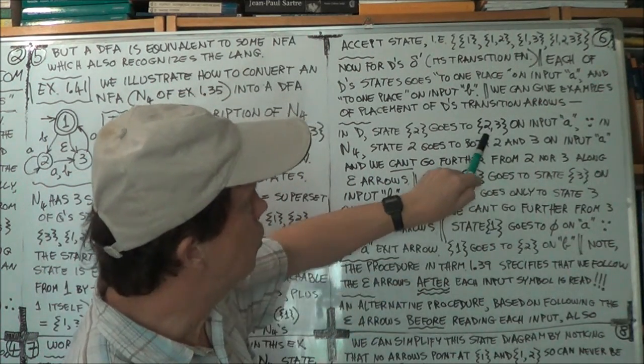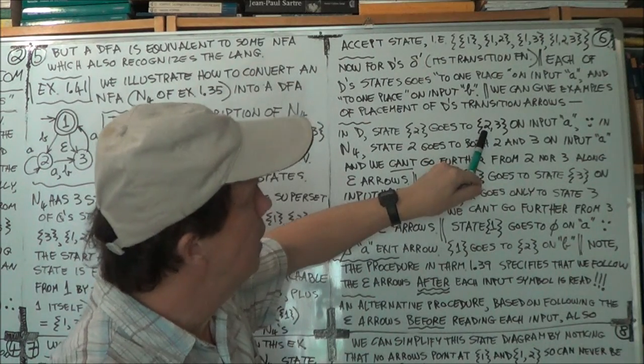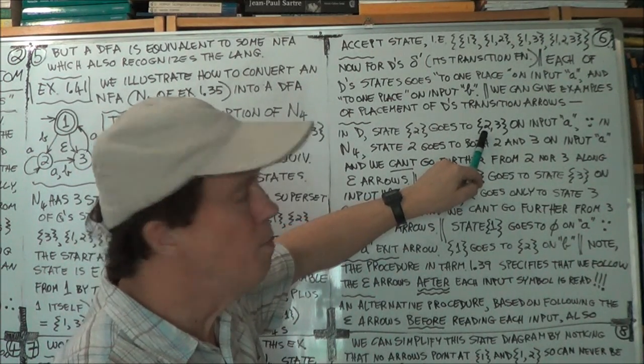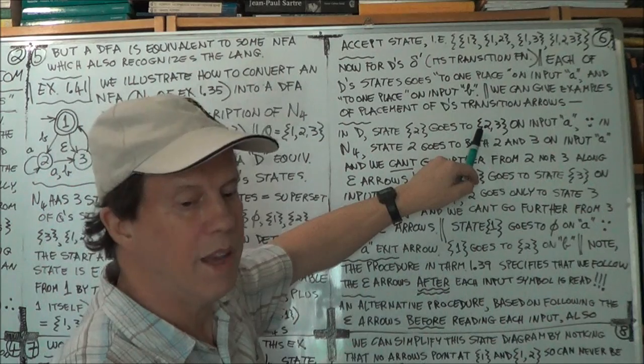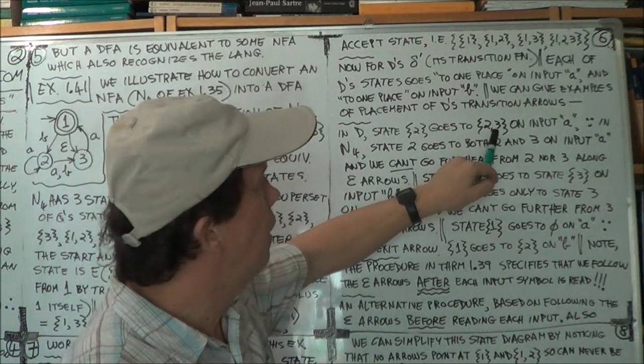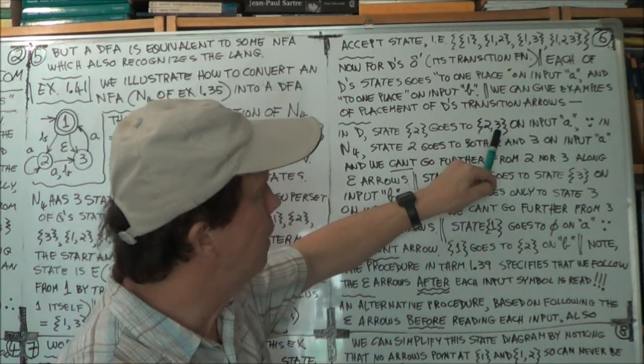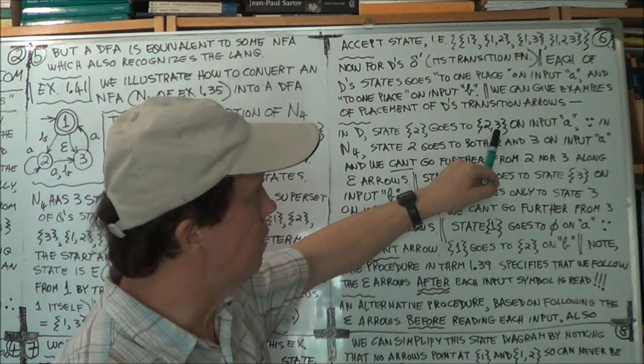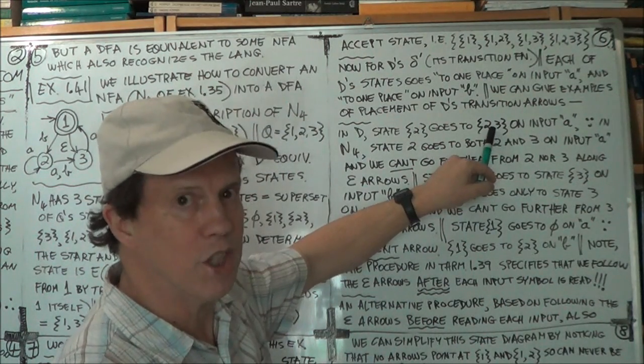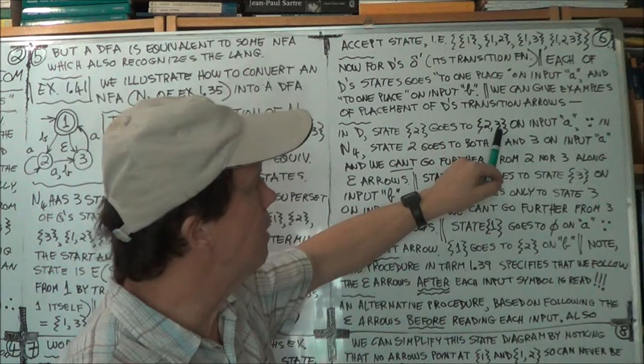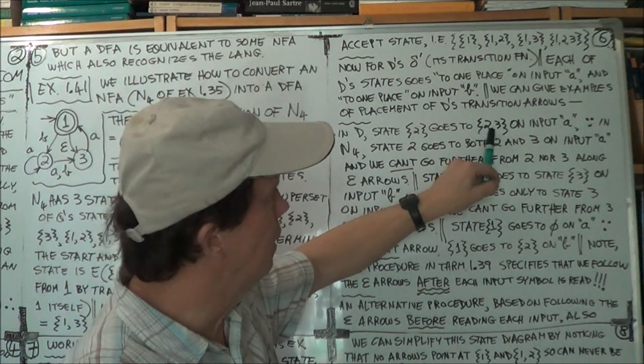Okay, that {2, 3} there means that there's a machine in state 2, an NFA in state 2, and there'll be another branch, the same NFA, the same machine, the same automaton, but its state will now be in 3. So now you're talking about something like this.